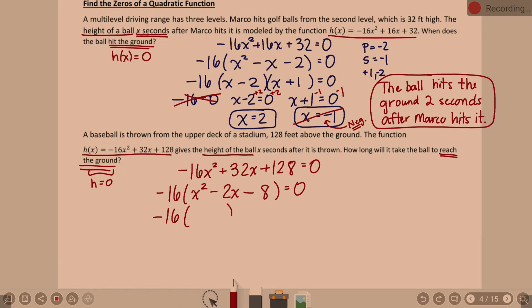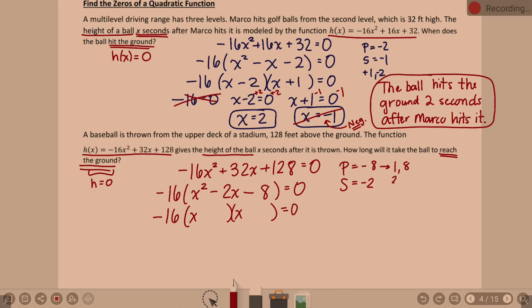Because it's just x squared, we can go ahead and go straight to x times x, right? Did you figure out your numbers? I need numbers that are going to multiply to be negative 8 and add to be negative 2. Well, what multiplies to be 8? 1 and 8 or 2 and 4.